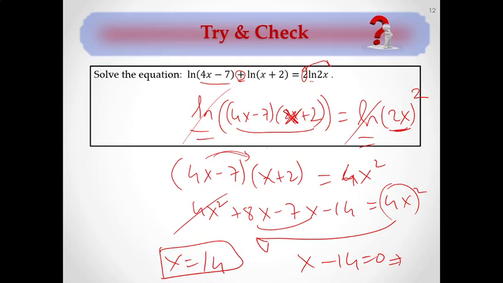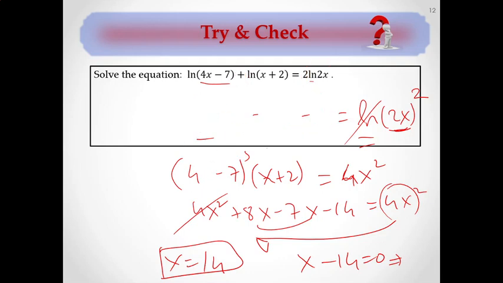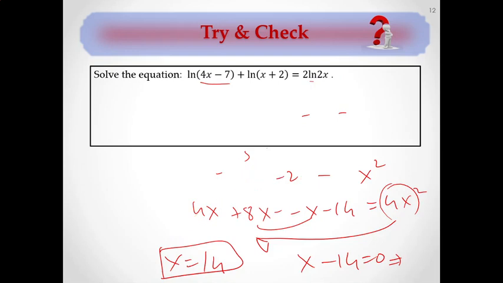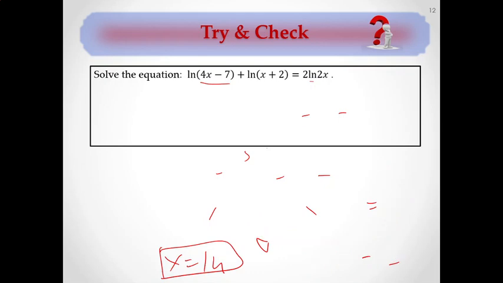Now let's check the 14 in the original equation. Now let's see. ln of 4 times 14 minus 7.